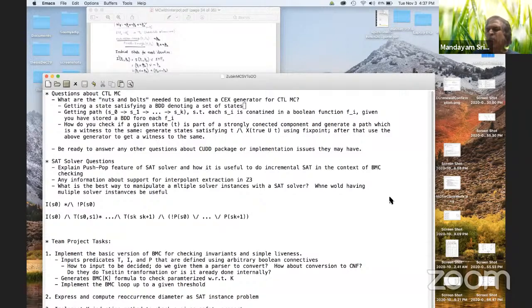Then you pick one, and compute the post image of the state that you have picked from tau I minus 1, and so on until you hit a not P. Okay, so that's what you will have to do.